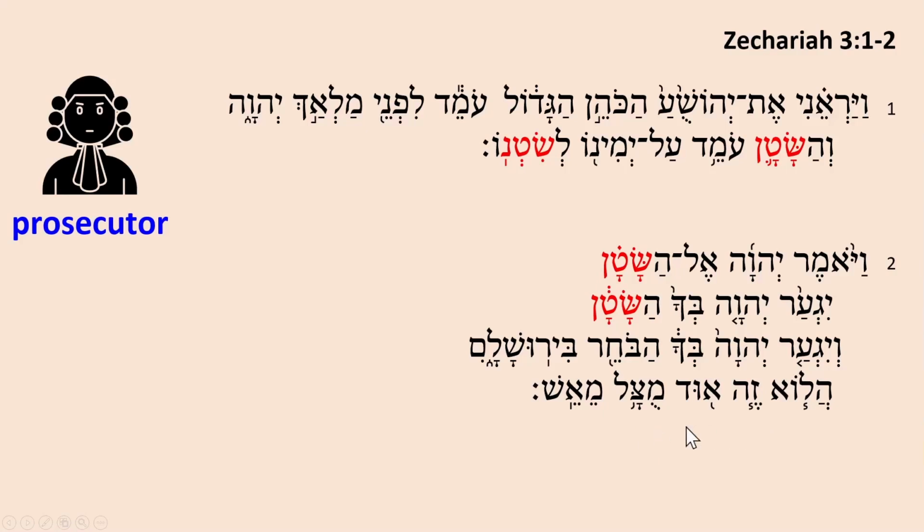Is this one not a burning firebrand, delivered, saved, me'esh, from the fire? Okay? So Israel has come back, or a remnant has come back from exile. Things are difficult, and God is saying he's on their side, right? But there is an accuser, and this accuser here is doing his accusing.